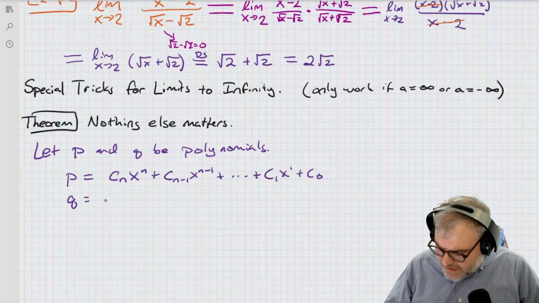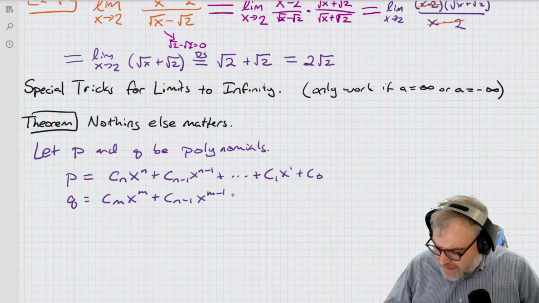Q equals Cm x to the m plus Cn minus 1 x to the m minus 1 plus dot dot dot plus, these should not be C's, these should be A, something other than that, so we'll call it A.